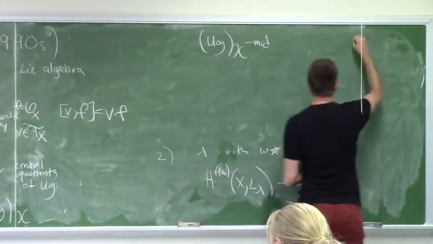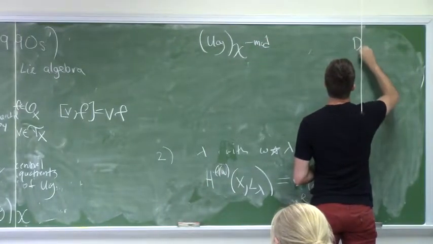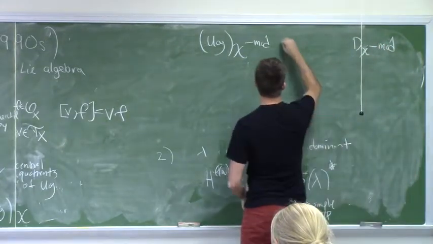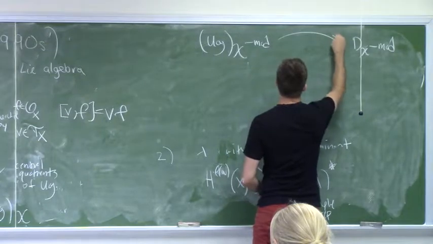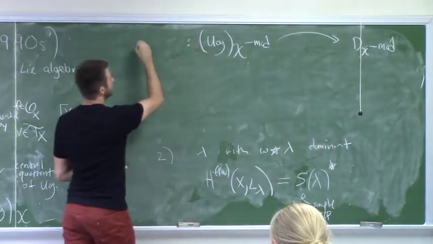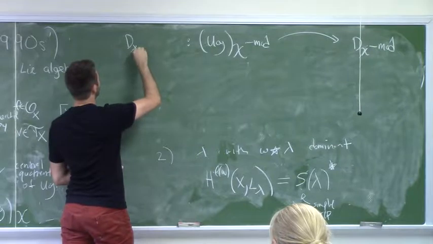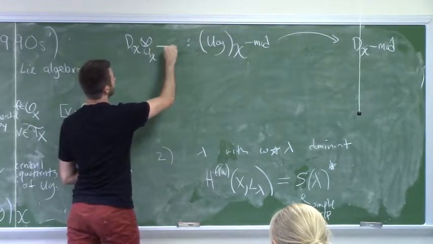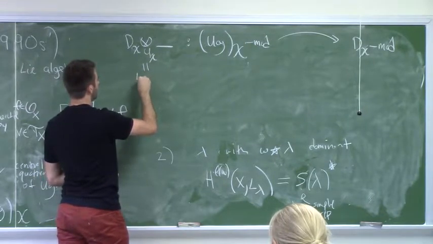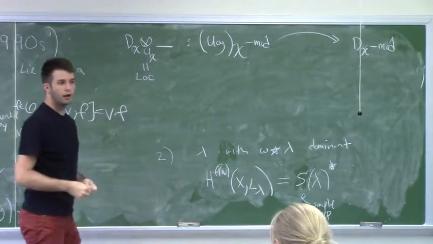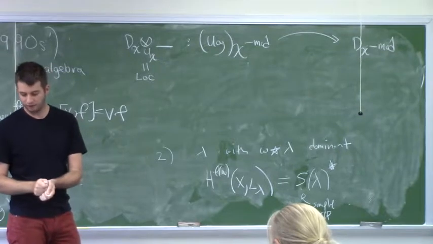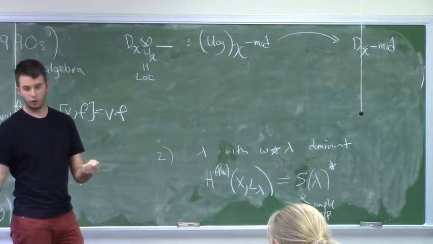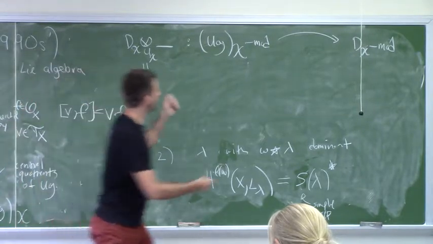So then you get a pair of functors just from the existence of this thing. And the first one is just given by tensoring with D_chi over U_chi. Sometimes people call this localization, based on the case when you have just some module and you want to turn it into a sheaf.